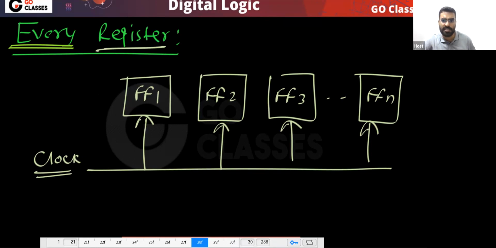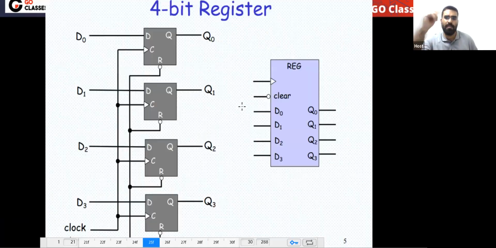Now you tell me, what type of register is this? Many types of registers we have seen. Do you remember? We have seen PIPO, parallel input, parallel output. We have seen SISO, serial shift registers. And we have seen a very special type of register from which GATE exam questions come: the linear feedback shift register, LFSR.